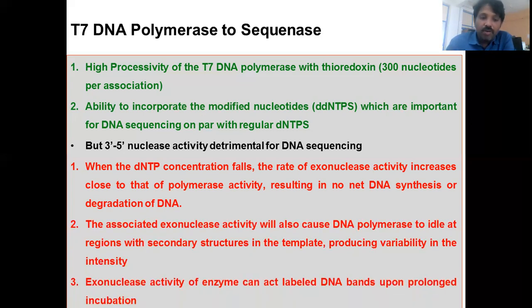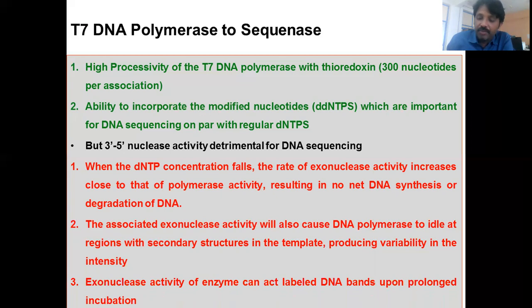And the third problem is that the exonuclease can act on the labeled ends upon prolonged incubation, or it will break down the labeled nucleotides at the ends because it has exonuclease activity. So these three problems are there because of the 3' to 5' exonuclease. If you can inactivate the 3' to 5' exonuclease activity, this T7 DNA polymerase happily does the polymerase activity in the sequencing reaction.